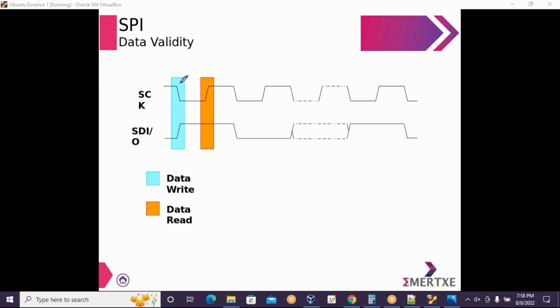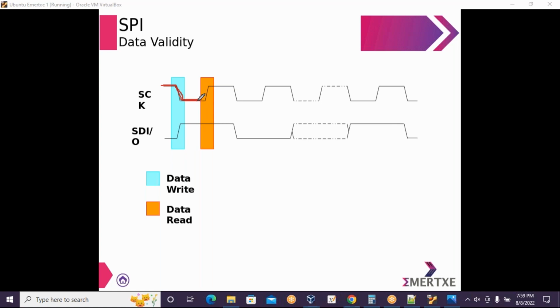Remember, whenever the clock line is falling from high to low, all of the devices, whoever wants to write, is going to write at this moment. When the clock line is falling from high to low, there is the data being written, all the devices are going to write the data.